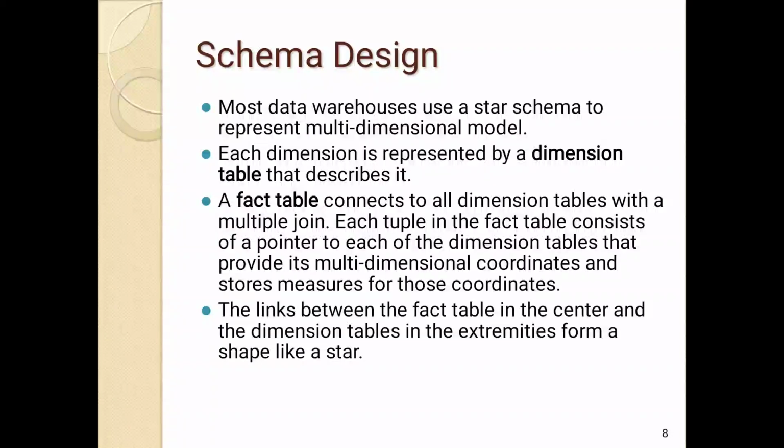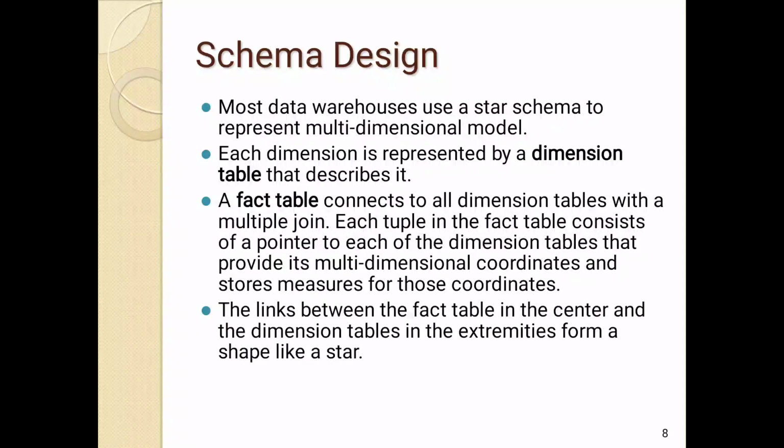Here, dimensional tables hold the attributes of each and every dimension. But what about the fact table? The fact table connects all the dimensions with multiple joins. For example, each and every dimensional table has a primary key, am I right? These primary keys are collected in a table called the fact table.